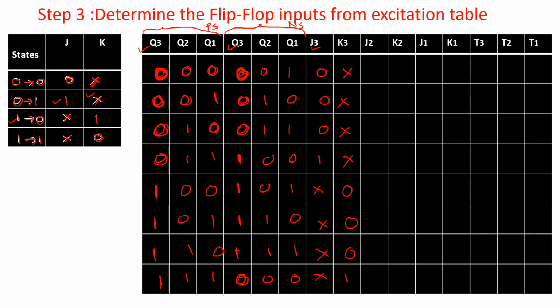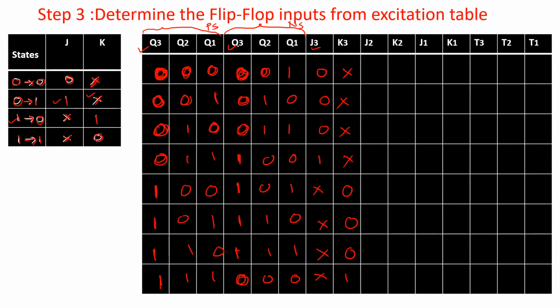So I have decided the inputs J3 and K3 from the excitation table. Similarly, we can fill the other columns, J2, K2, J1, K1. T3, T2, T1 are the columns for the T flip-flops that we will fill in a few minutes. Now, if I want to fill J2, K2, then I will go for this: Q2 here and Q2 here.